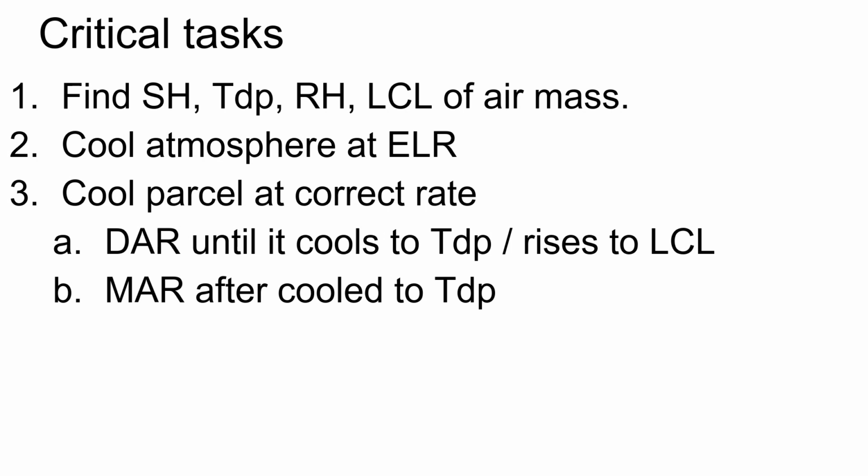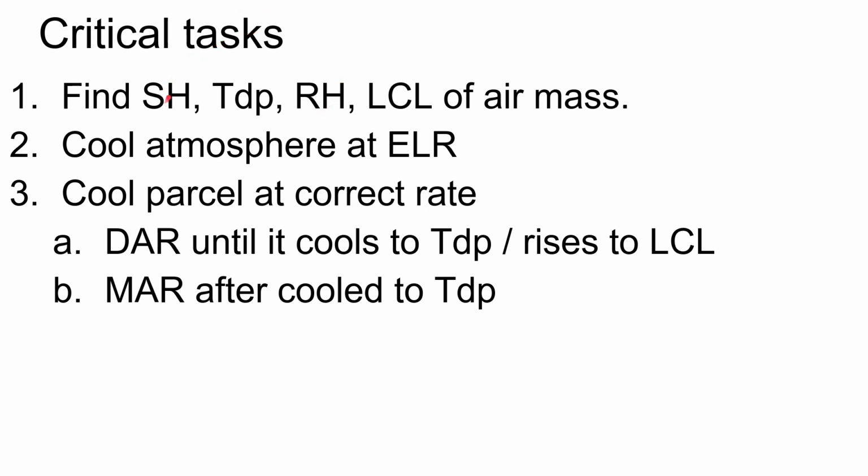If I give you the basic information of an air mass, you should be able to find the specific humidity, the dew point temperature, the relative humidity, and the lifting condensation level. So if I tell you its temperature, and then either the relative humidity or the dew point temperature or the specific humidity: if you know the specific humidity, you can figure out the relative humidity.